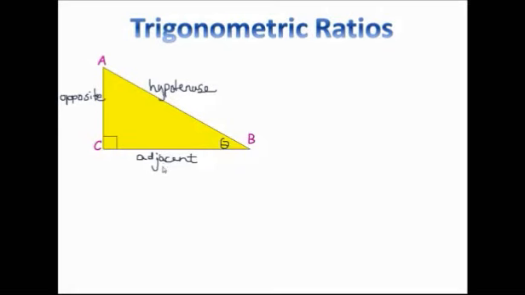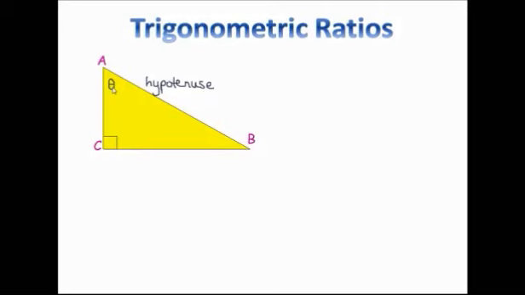Now, one thing we have to realize is that these sides are always labeled with respect to the marked angle. So if the angle changes, so do the labels of the sides. So for example, if we had marked this angle, so angle A was our theta, then we still have the hypotenuse, that doesn't change, because that's always the longest side.